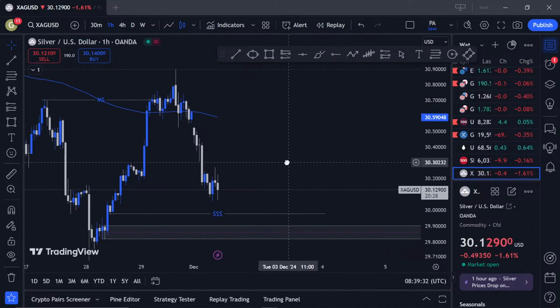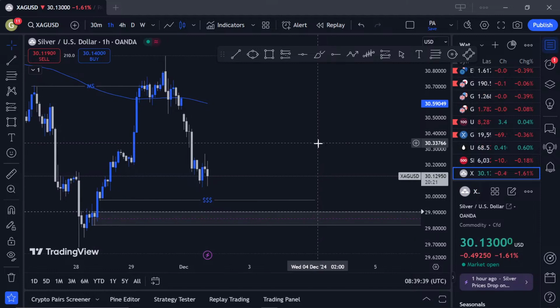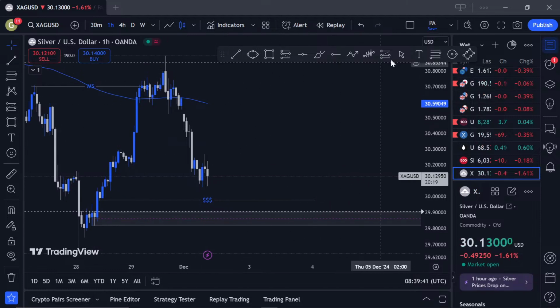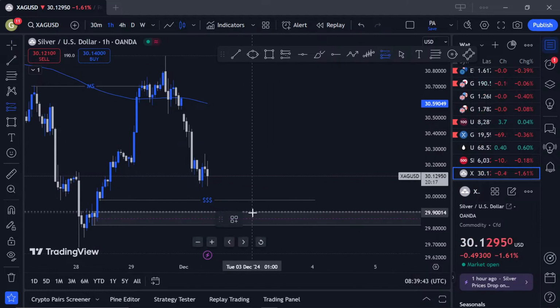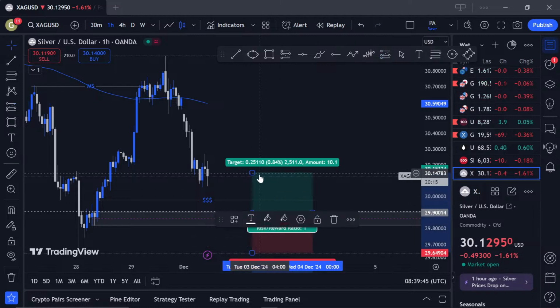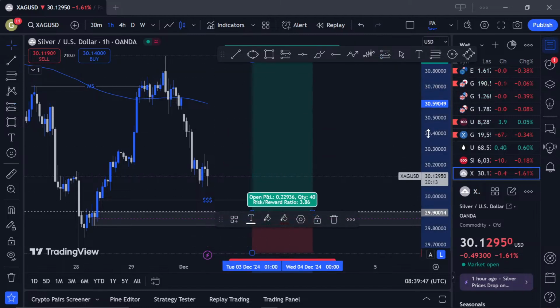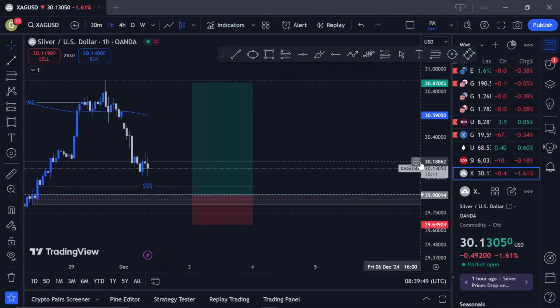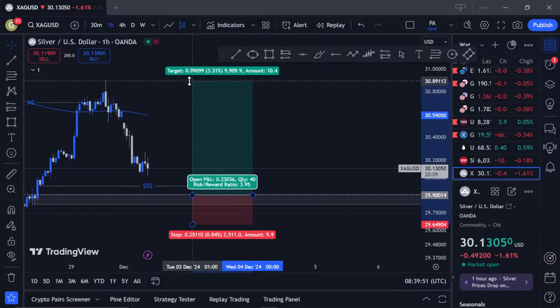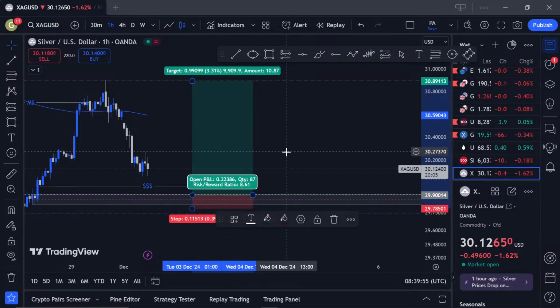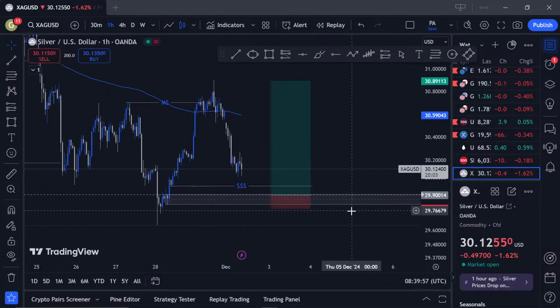So we can observe to buy silver from here as well. Let me just keep my alert at 29.900. Yep, so silver, I'll be waiting to buy silver at 29.900.